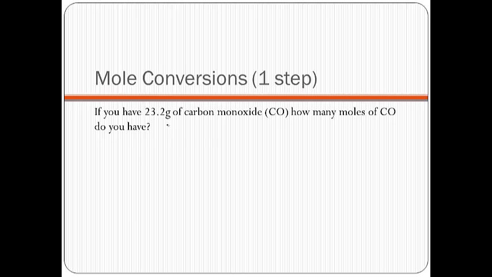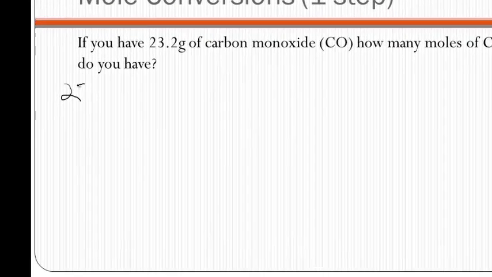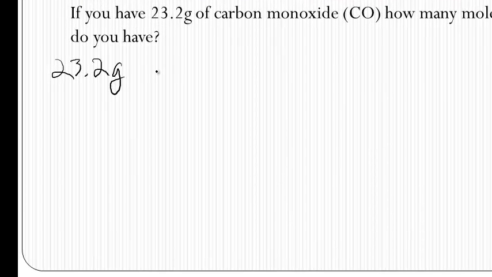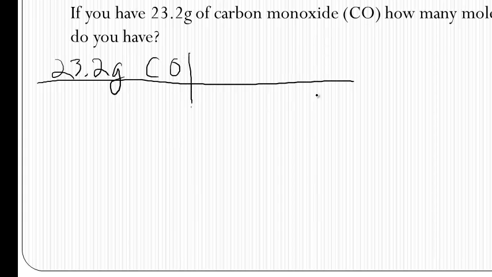Alright, this problem here, if you have 23.2 grams of carbon monoxide, how many moles of carbon monoxide do you have? Alright, 23.2 grams of CO. The question doesn't want grams. It says how many moles.